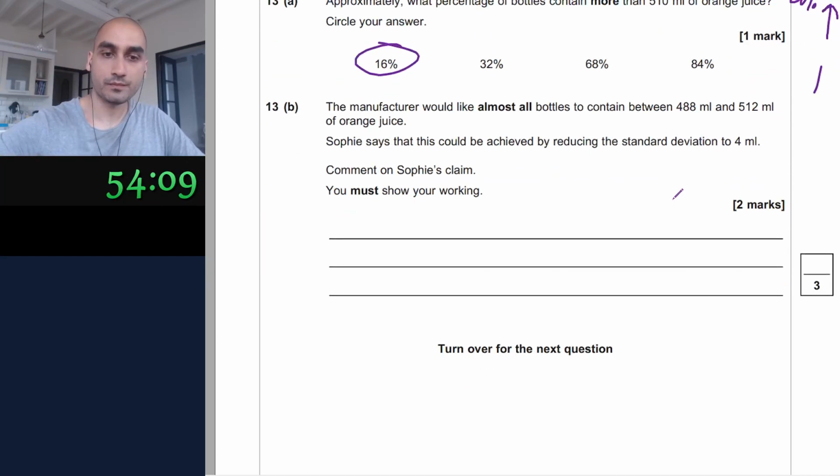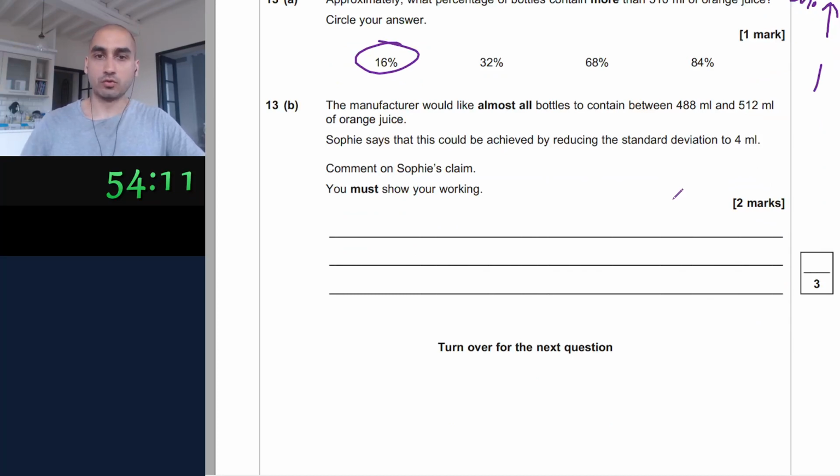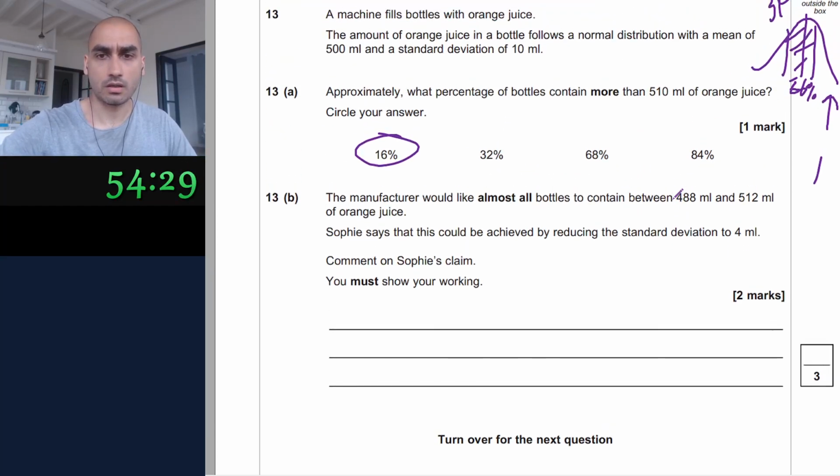Okay. The manufacturer would like almost all bottles to contain between 488 milliliters and 512 milliliters of orange juice. Sophie says this could be achieved by reducing the standard deviation to 4 milliliters. Comment on Sophie's claim. Okay.